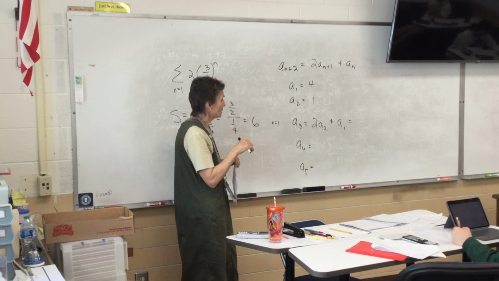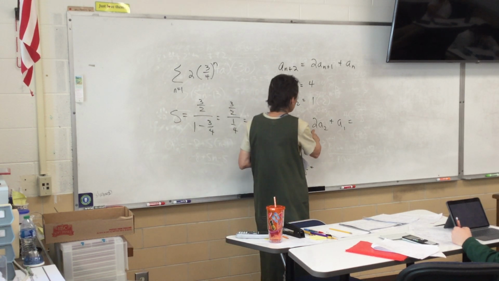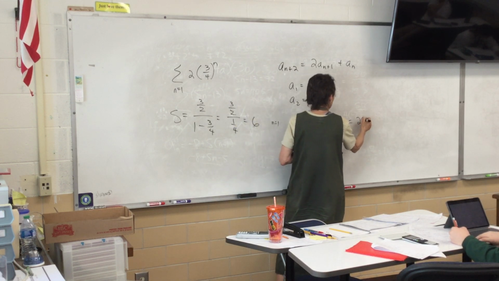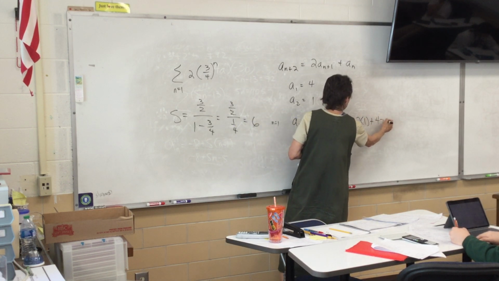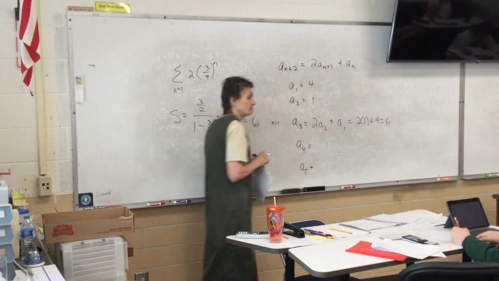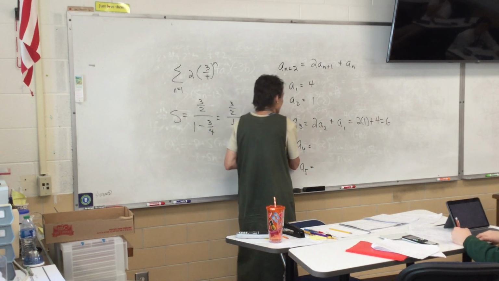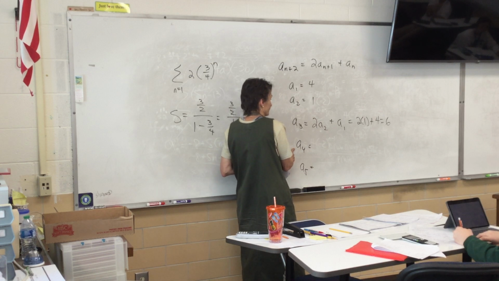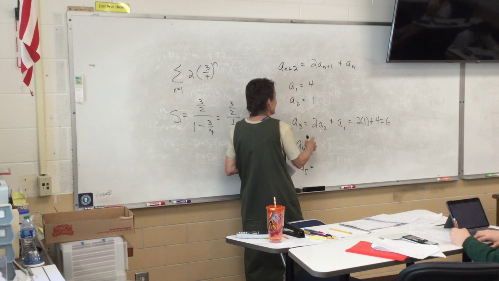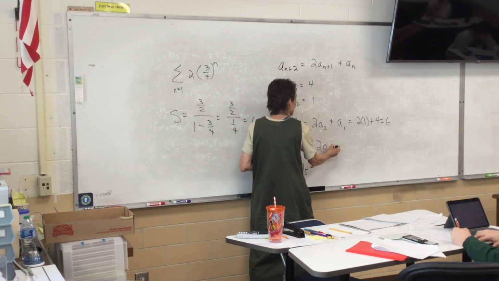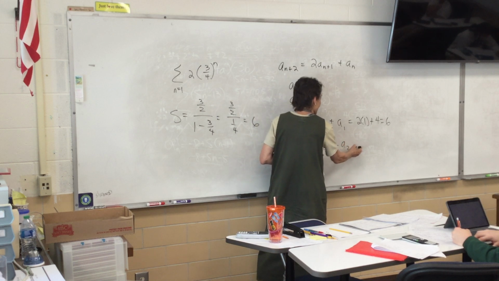Thank you. All right, so 2 times the second term plus the first term is 6. So now how am I going to find the fourth term? Well, I can let n be 2, or I can observe the pattern. Isn't it going to be 2 times the third term plus the second term?